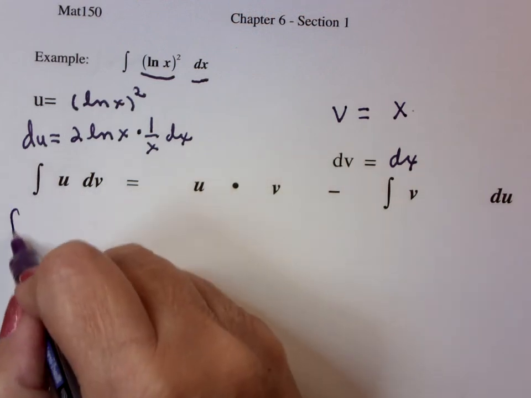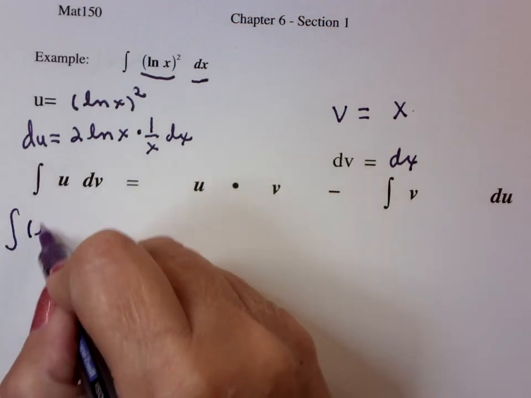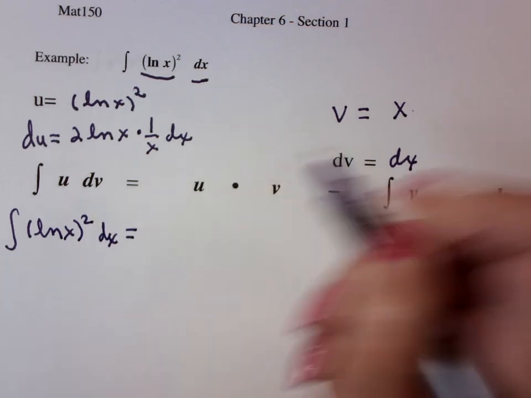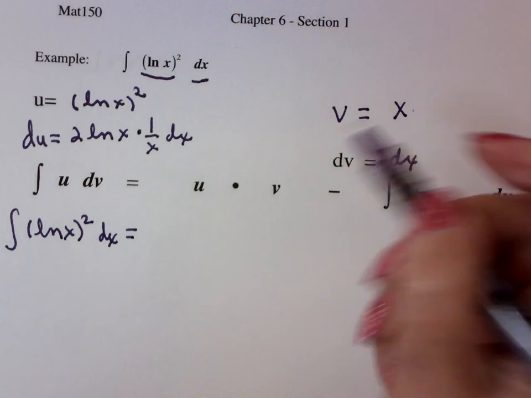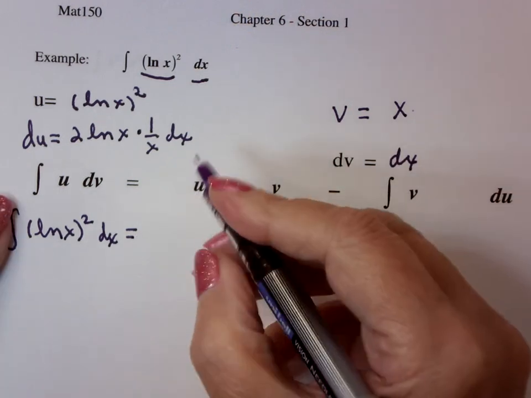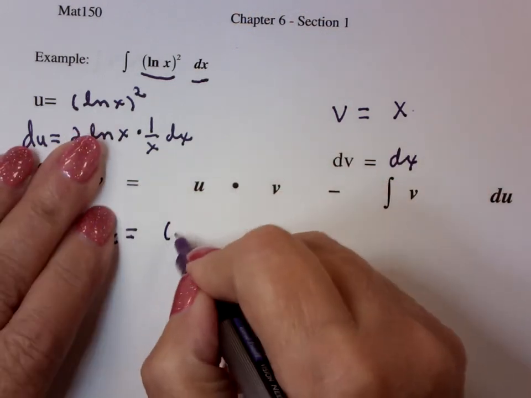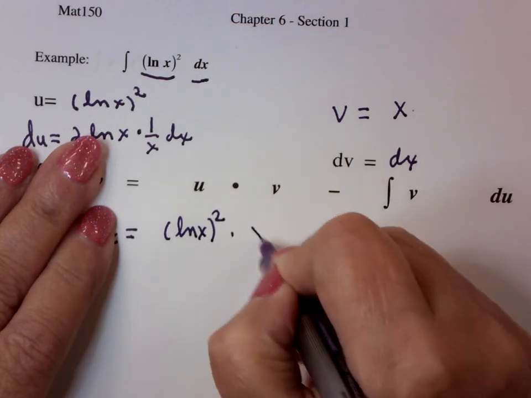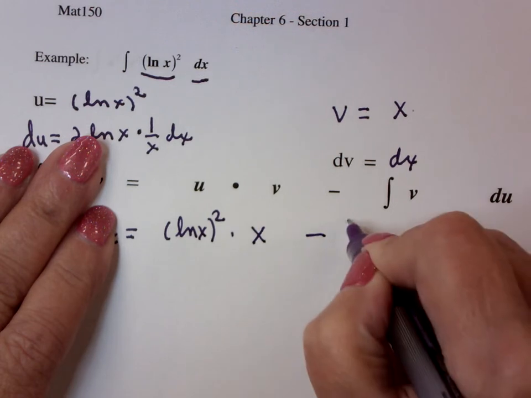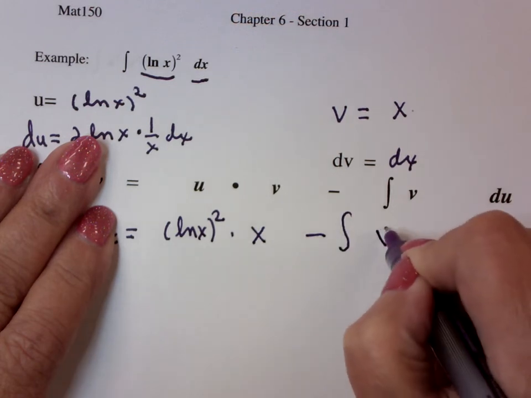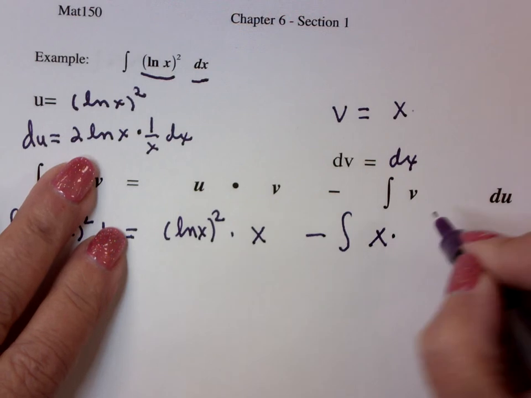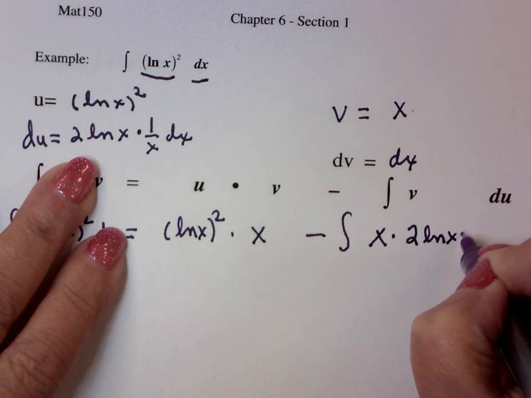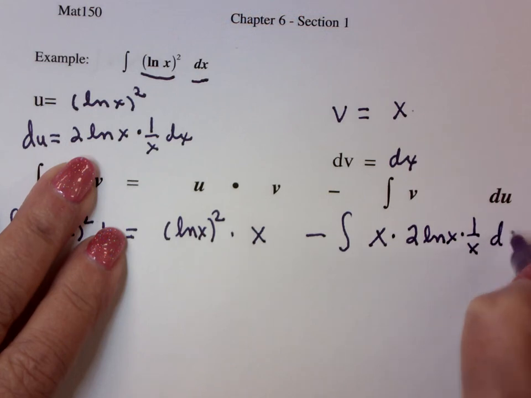So that says the original integral, which is the natural log of x, the quantity squared, dx, is u times v. U is the natural log of x, the quantity squared, times v, which is x, minus the integral of v, which is x, times du, which is 2 natural log of x times 1 over x dx.